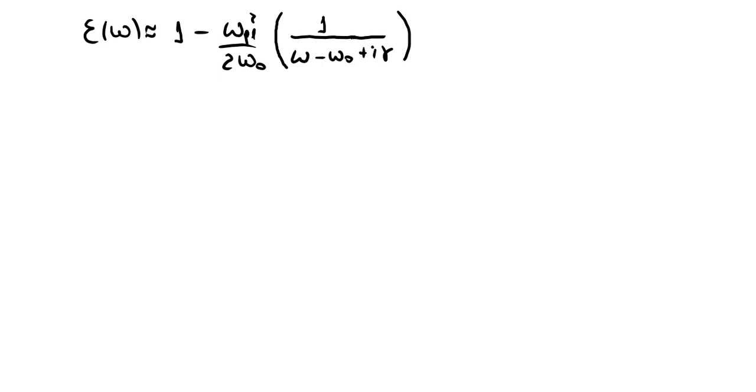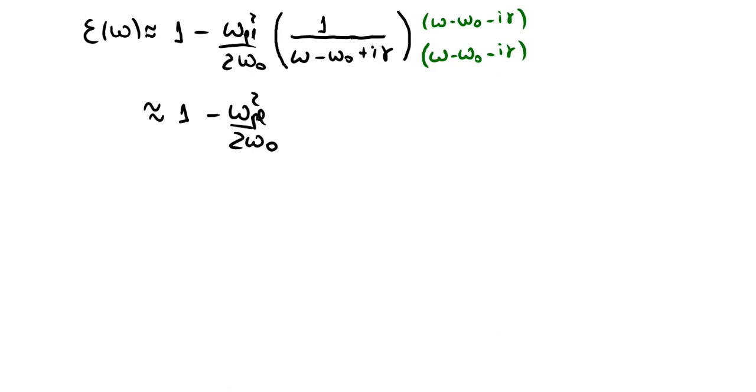So if you want to rewrite these things in terms of real and imaginary parts, you can multiply this expression by omega minus omega 0 minus i gamma, both in the denominator and numerator. So if you multiply that, what you get is something that you can separate, like omega plasmon squared over 2 omega 0.